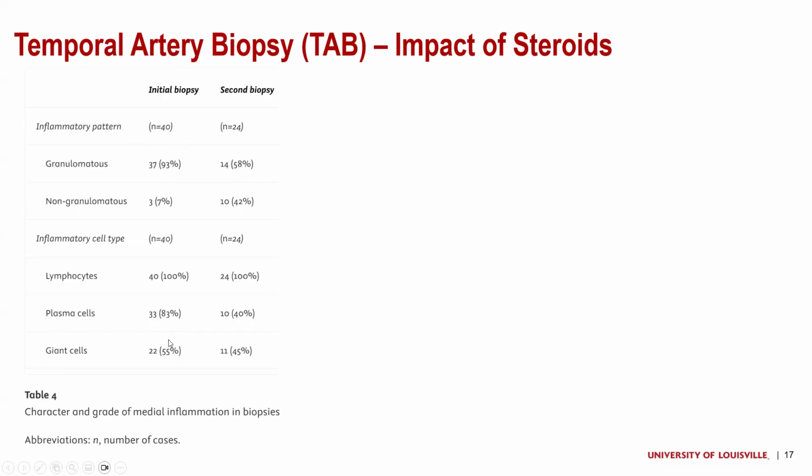This is one of the most specific signs of giant cell arteritis. 55% of patients on initial biopsy had giant cells present. And then after months of being treated with steroids, still 45% of patients had giant cells present. So based on this, yes, the inflammation does slowly go away, but for most patients, it takes quite a while for this to occur.